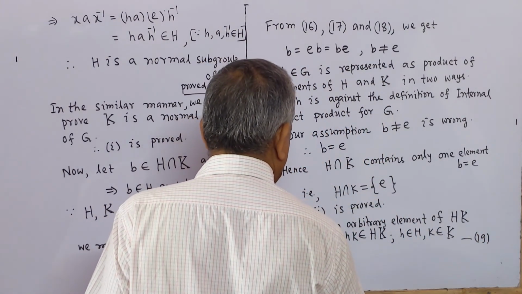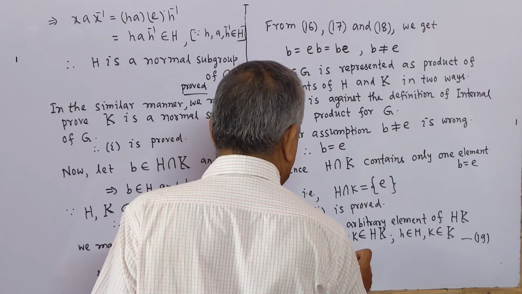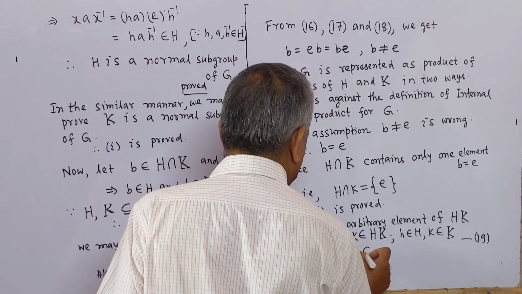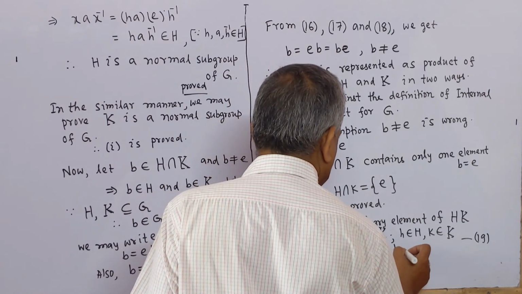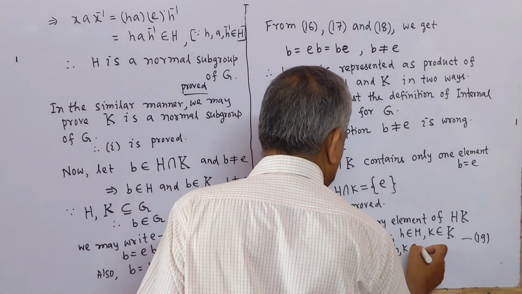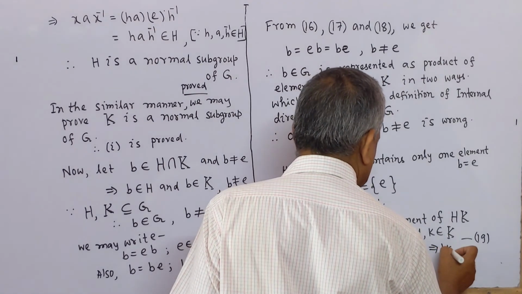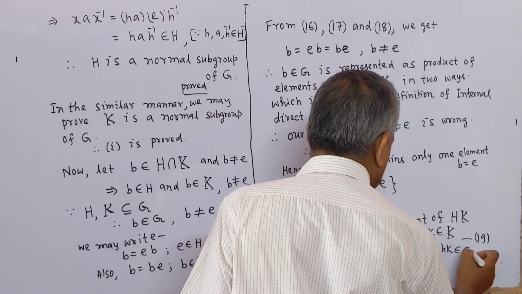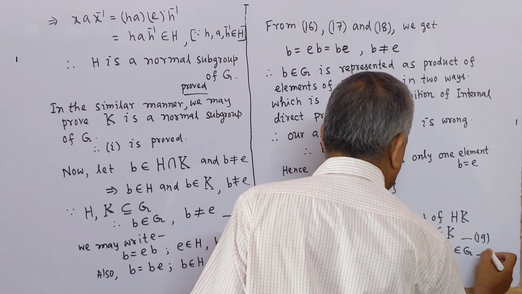Since subgroup H and subgroup K are subsets of group G, small h and small k belong to group G, which implies that h operation k belongs to group G. This is number 20.